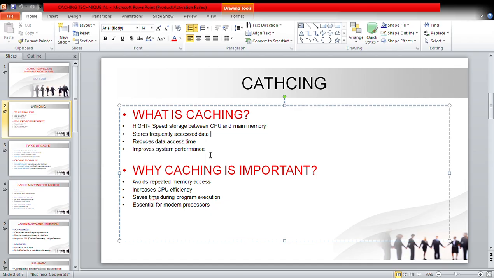So how does caching work? The core idea behind caching revolves around the principle of locality of reference, which states that programs tend to access data and instructions that are spatially and temporally close to those they have just accessed. Here's the breakdown: the data request, cache hit, cache miss, cache update.